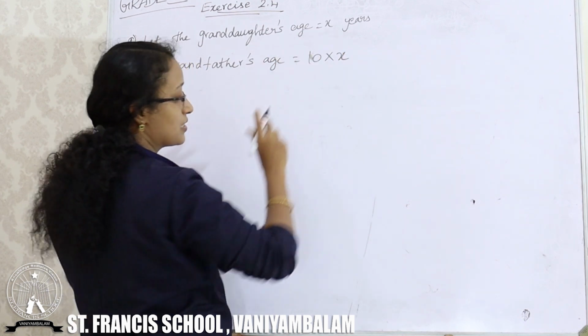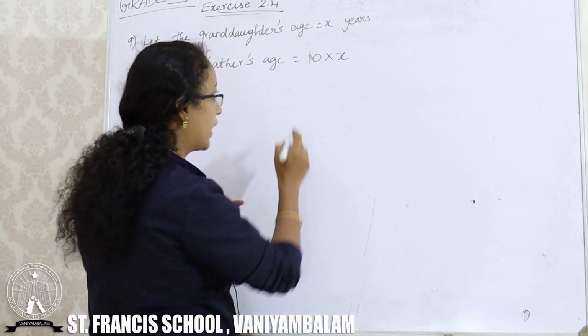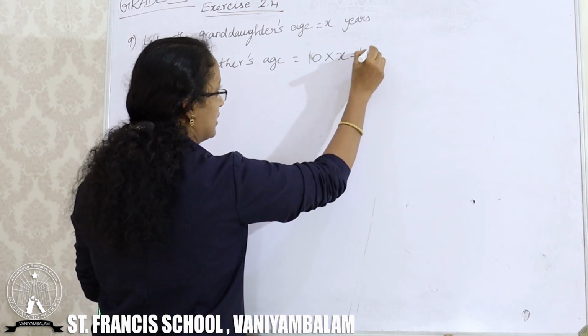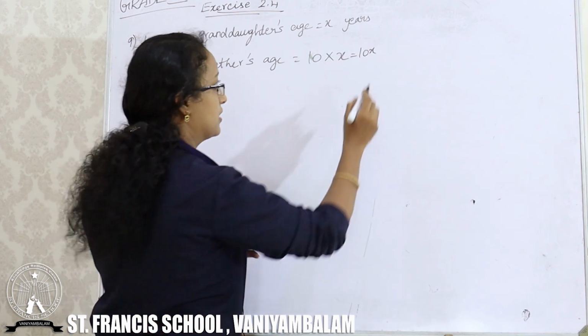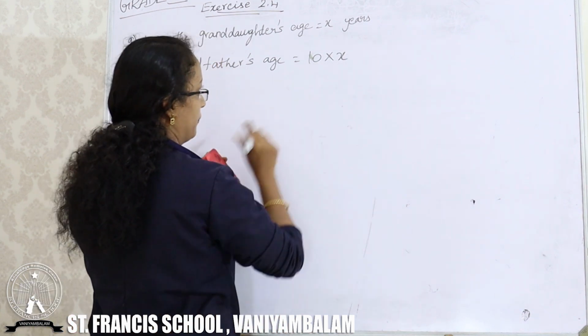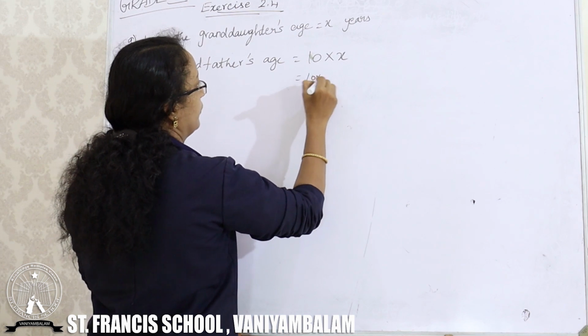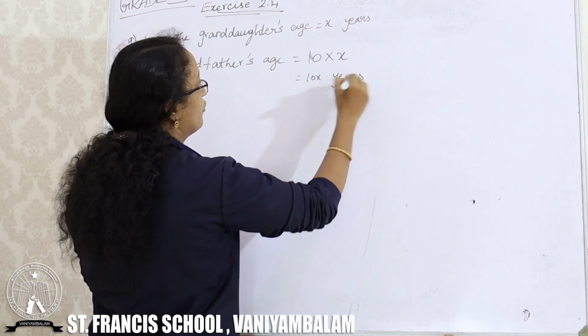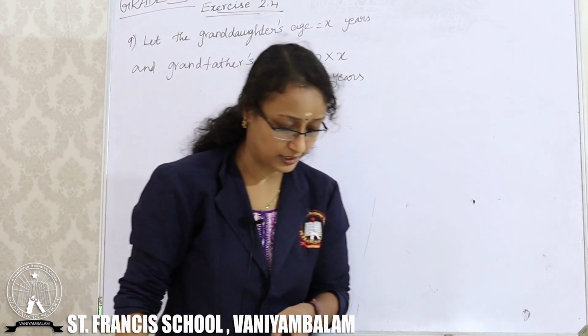What is the granddaughter's age? x. So 10 into x is 10x years. We got the ages of grandfather and granddaughter.